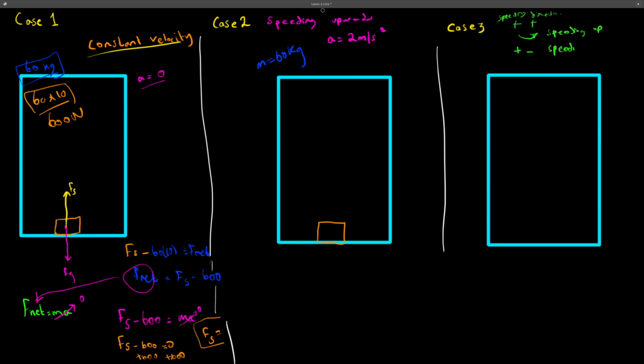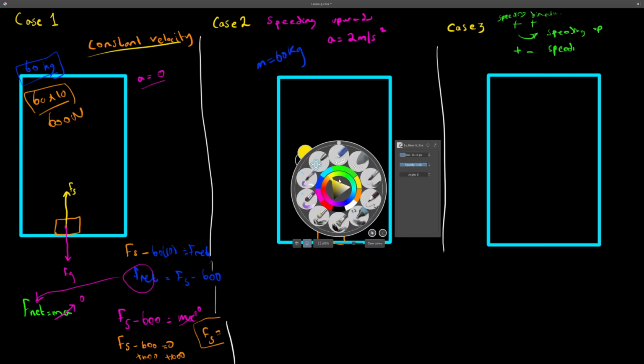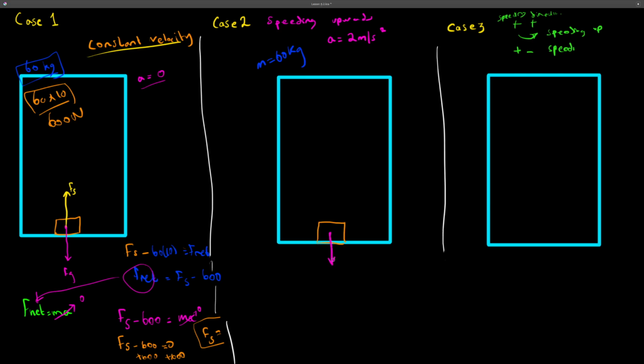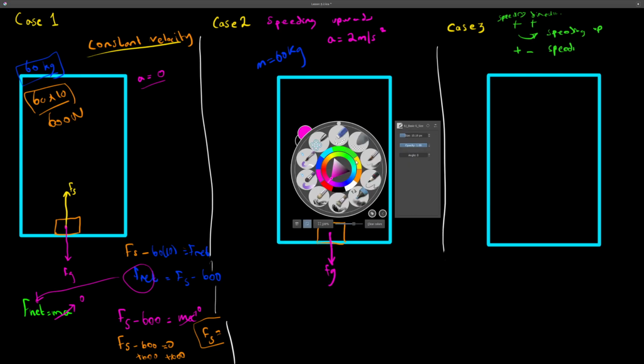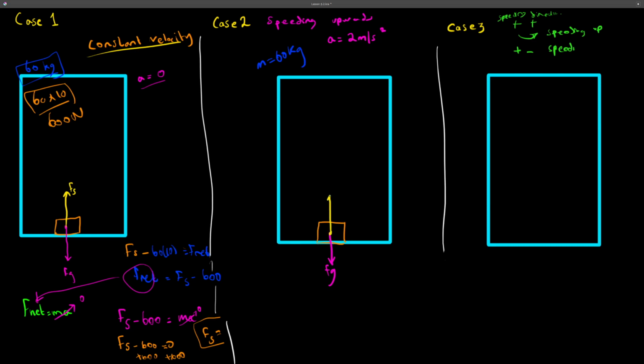So here I'm speeding up, and my acceleration is positive, so I'm speeding up upwards. So what happens when I'm speeding up upwards? We can calculate the Fs. So we have Fg downwards again, and we have Fs upwards.